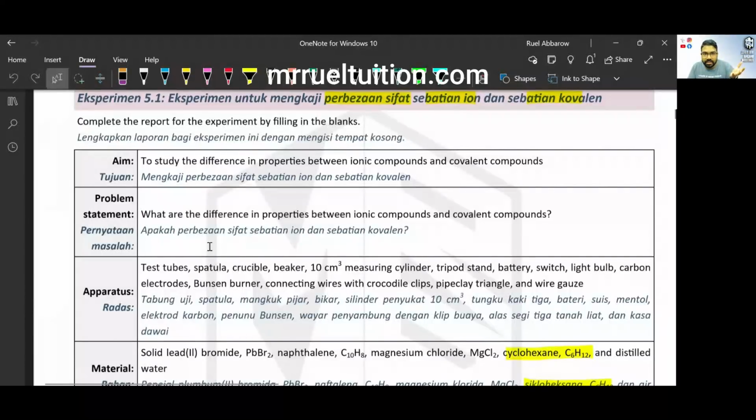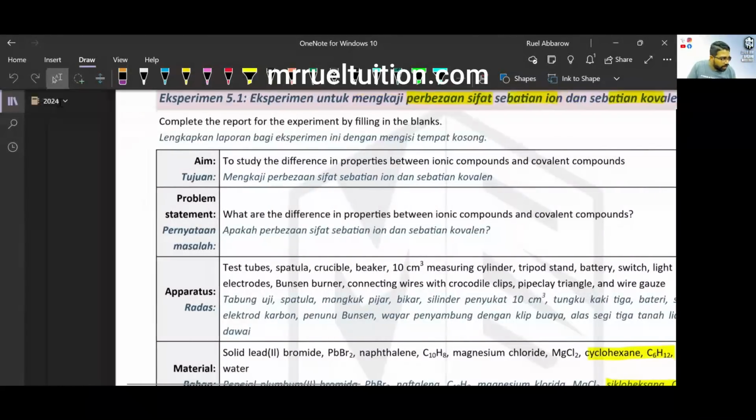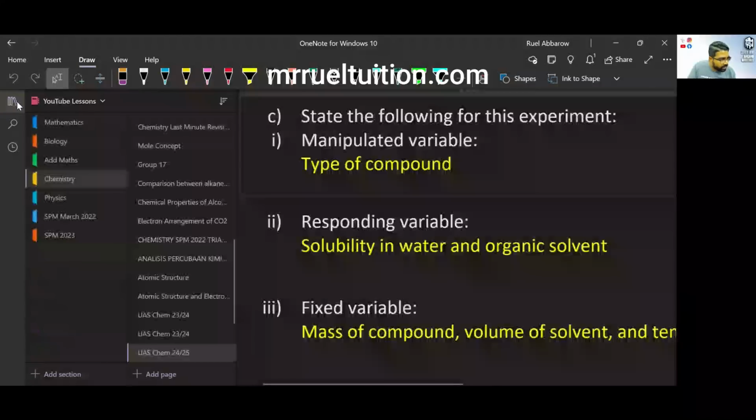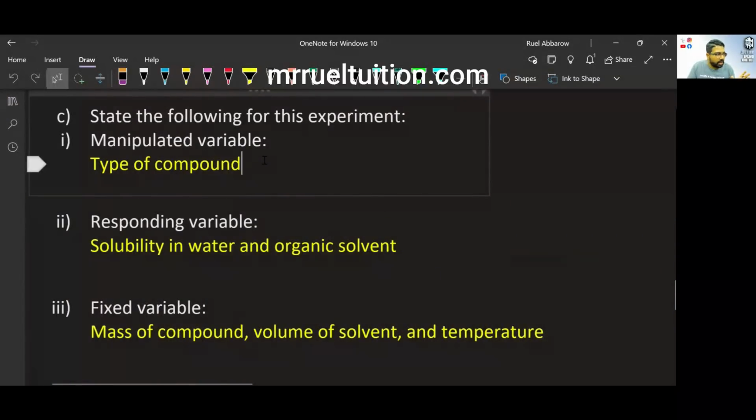In our case, specifically for solubility, what is the conclusion? What have we concluded based on our experiment? We are trying to study the solubility of ionic and covalent compounds in water and organic solvent. So the answer is: ionic compound is soluble in water but not organic solvent, whereas covalent compound is soluble in organic solvent but not in water. That is our conclusion.